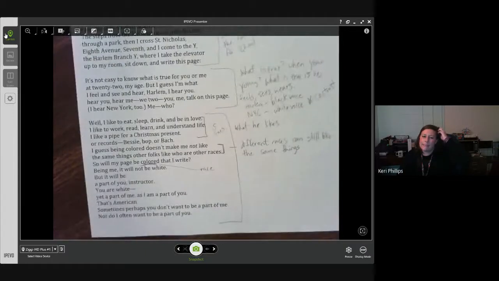So will my page be colored that I write? He's talking about the page he's supposed to write for his theme for English B. Being me, it will not be white, but it will be a part of you, instructor. You are white, yet a part of me as I am a part of you. That's American.